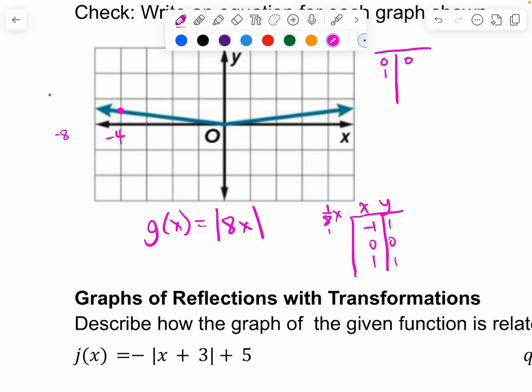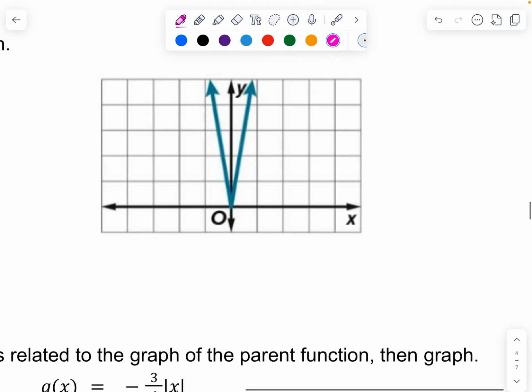So this would be 1/8, negative 1/8. And if I had put in a negative 8 and multiplied that, wouldn't that be negative 1? So that's what I'm going to go with for that one.